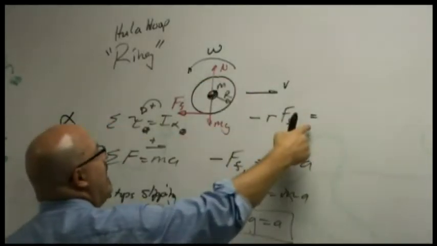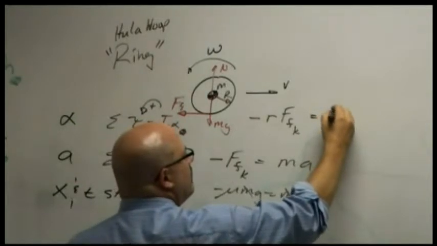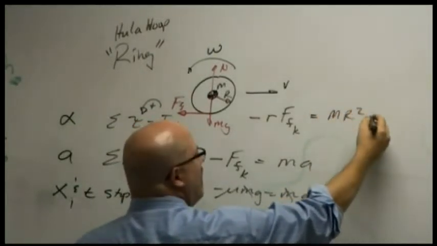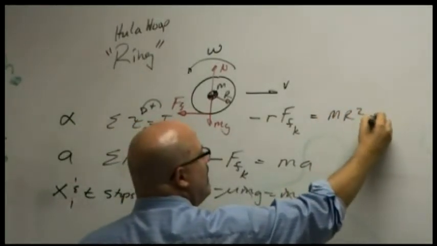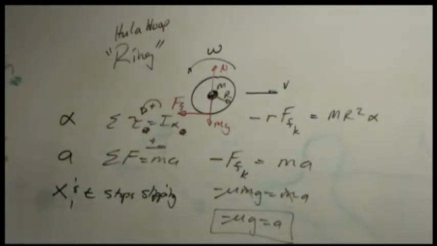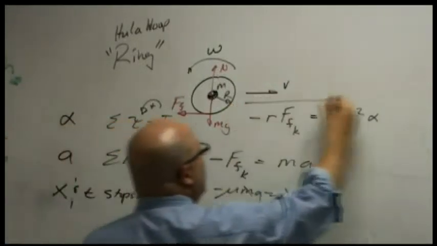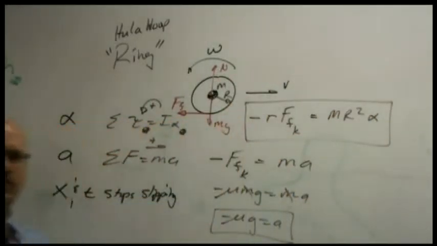What's our I? M r squared. What's our alpha? Alpha. Very good, nobody fell for it. I was waiting for you to say a over r, but it's not a over r because we have slippage, right? Now, does that make sense? Why is the angular acceleration going to be negative? Because it's slowing down too.